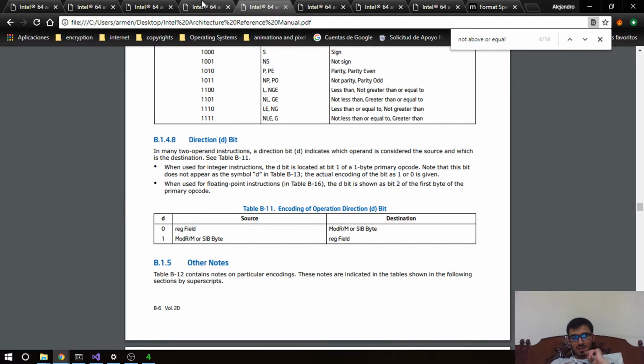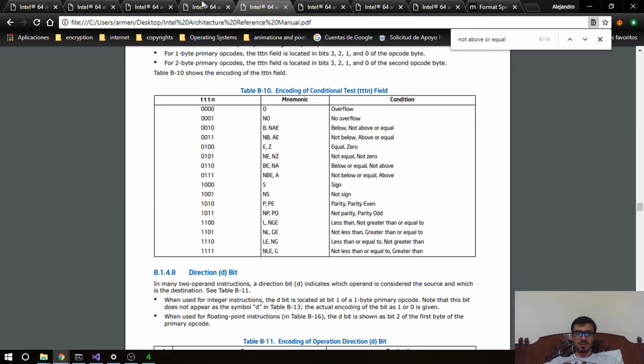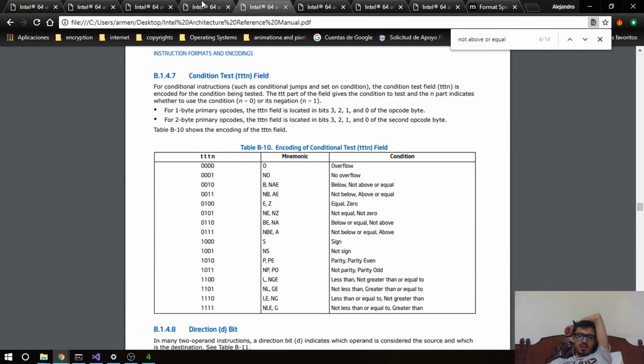Now the divid and all these special fields, for example for conditional stuff, have to be checked through the tables. The condition tells us which conditional we are looking at, and that case tells us which form of the conditional instruction we are looking for.